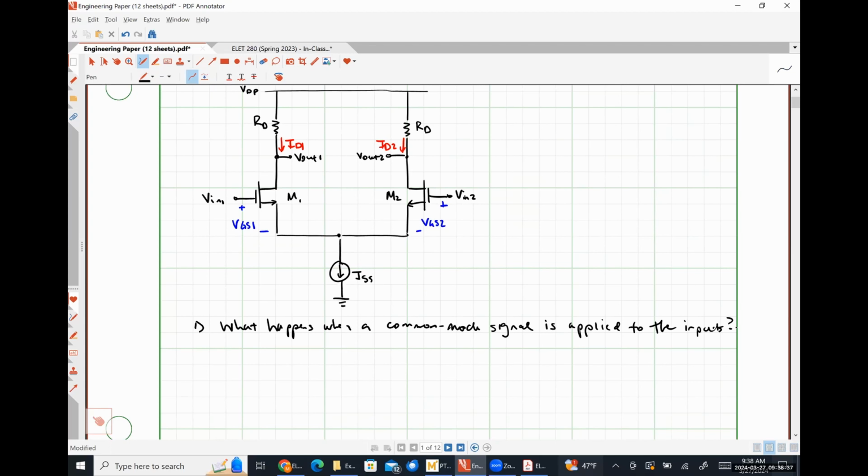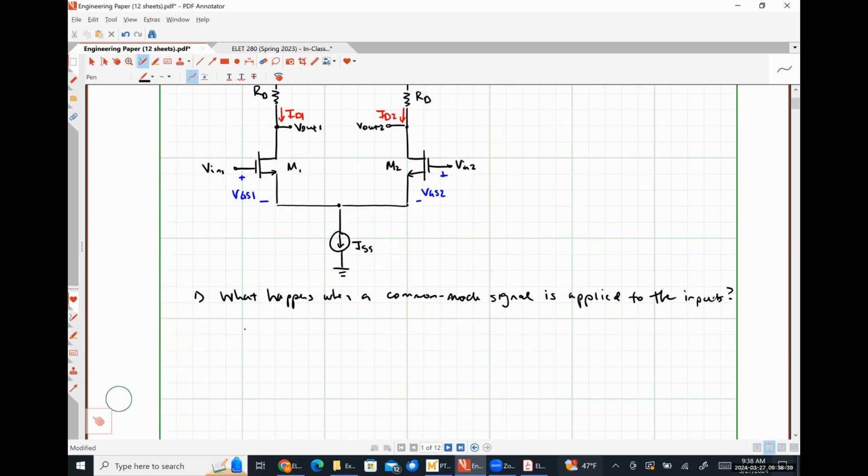All right, so effectively we have a differential input voltage VID of 0, which means that VGS1 and VGS2 are the same. And from that, quite obviously, ID1 must be equal to ID2, and this will be half of our tail current ISS.